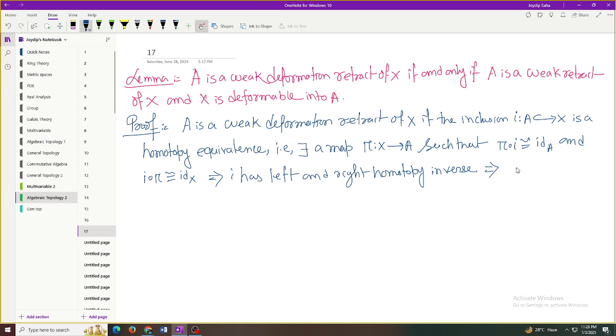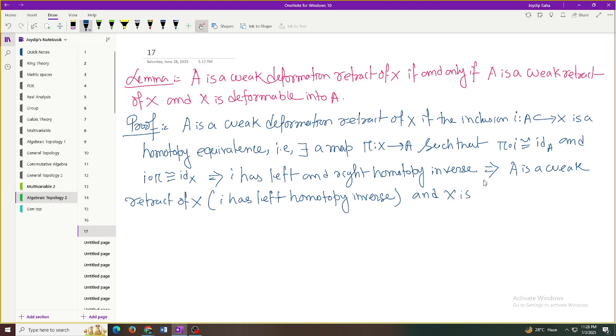This implies A is a weak retract of X and X is deformable into A. Converse part.